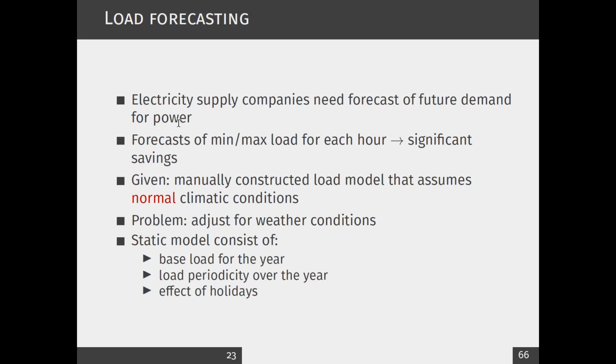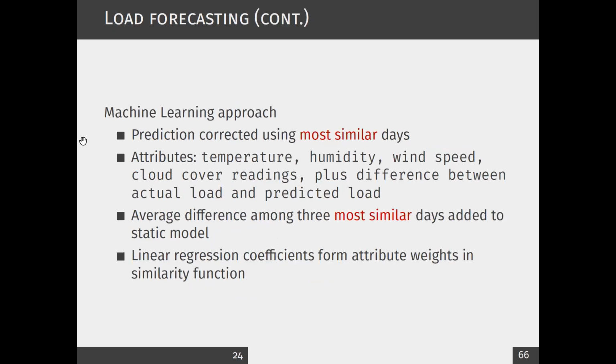So in the problem, what you get is a manually constructed load model that assumes normal climatic conditions. And the problem is just for weather condition. And then that model, you can see the following. So in a machine learning approach, you can use the prediction and you can also correlate the most similar days.